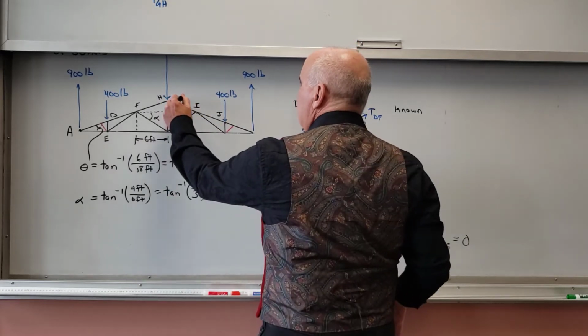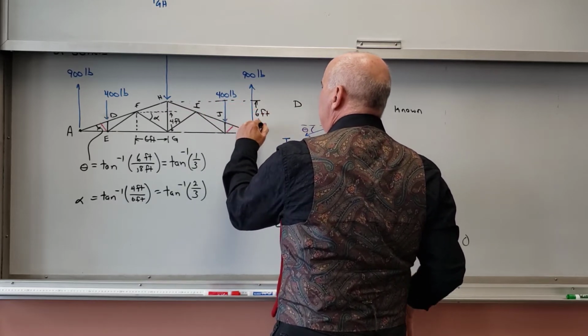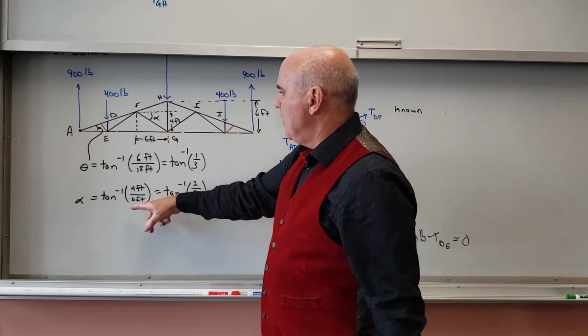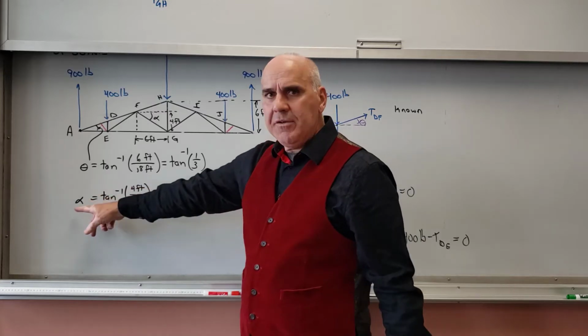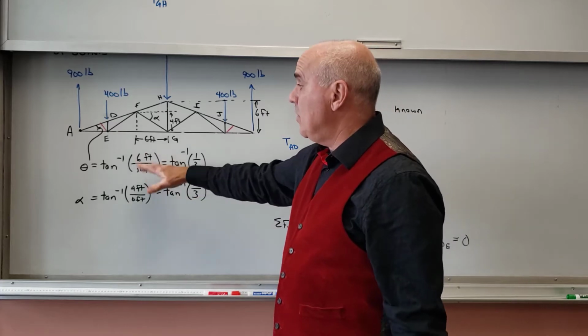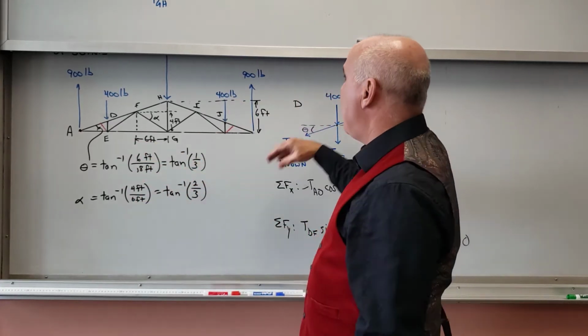Right, so I've erased that here, but this is 6 feet. And so 4 feet and then 6 feet across here. So the arctangent of 4 feet over 6 feet will be alpha. And so alpha is the arctangent of 2/3. All right, so I need those angles. I don't care what they are, I know that I can calculate them out.